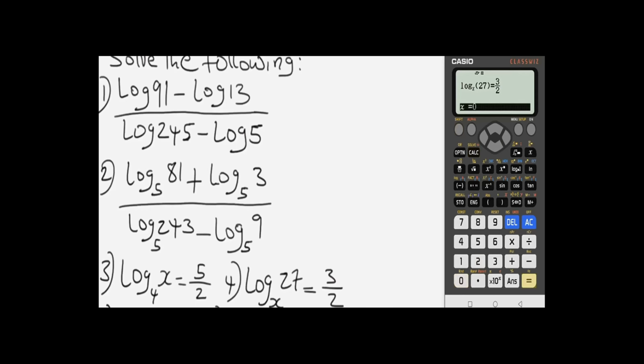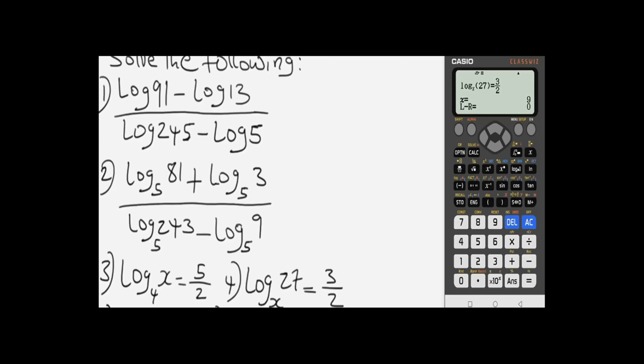Press equal to again. So it's solving it. It's still solving it. So we have it to what? 9, x equals 9.